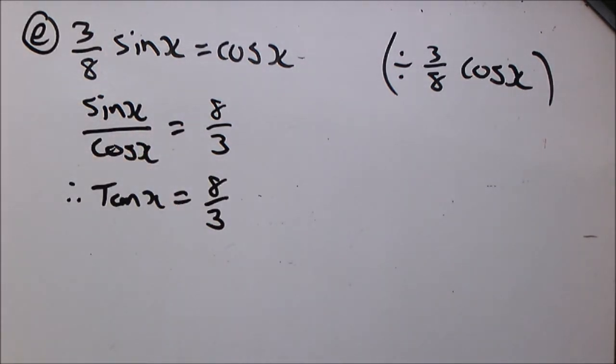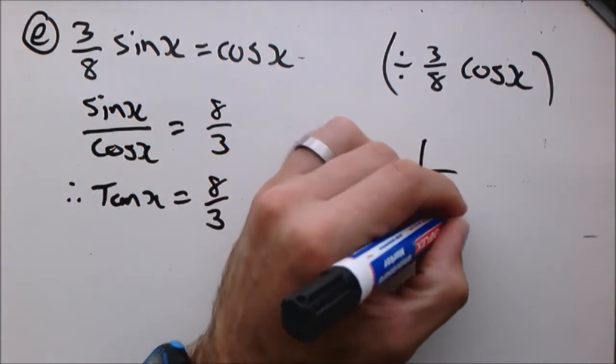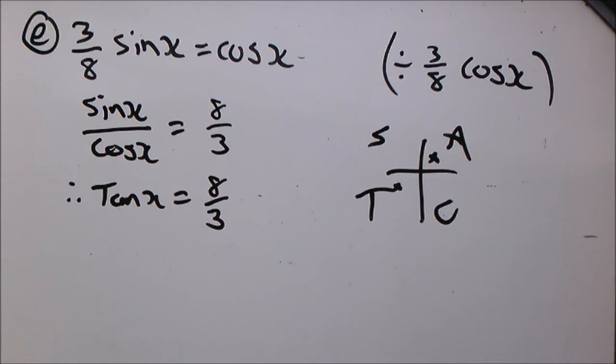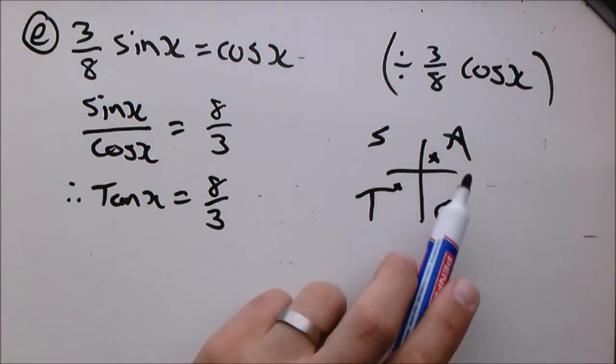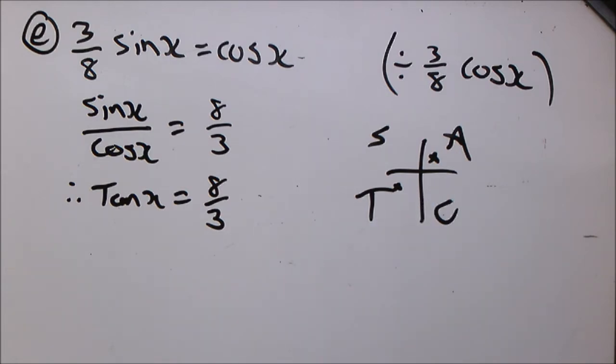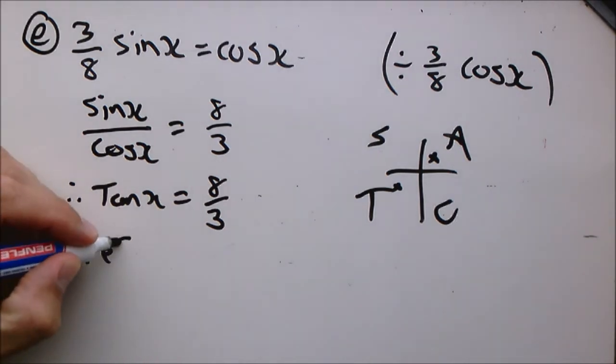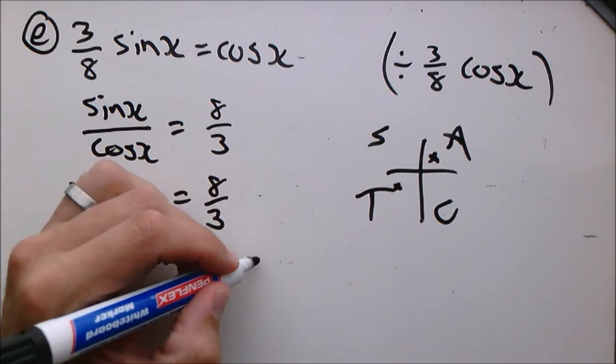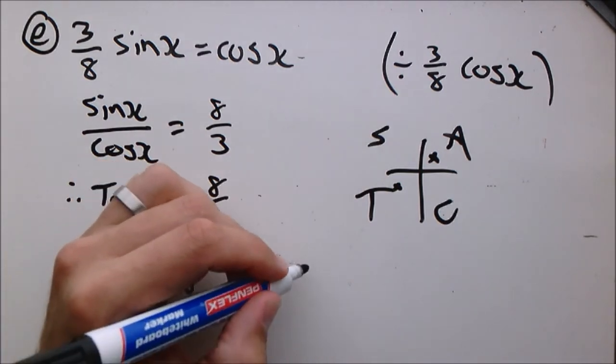Okay, CAST diagram. You can see I'm following the same steps every time. That helps you in the test and exam to really know what you're doing. And it's positive, therefore it's the first and the third quadrant. And now we just need to get our reference angle. So reference angle is equal to 69,4.